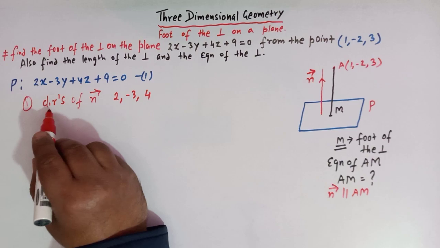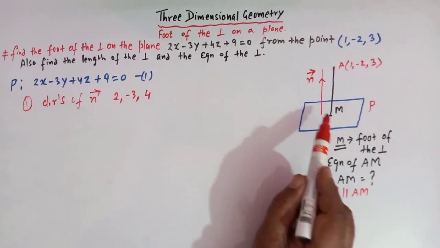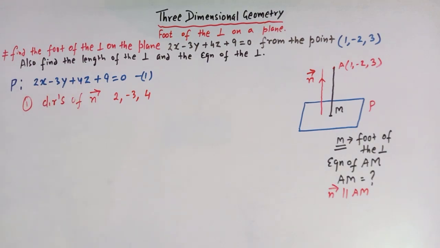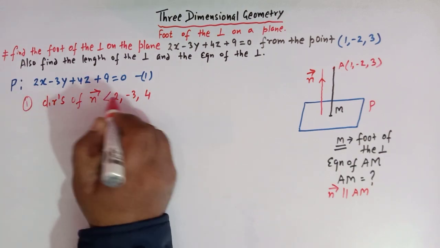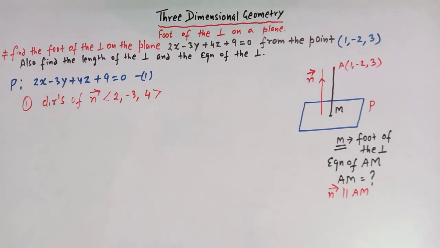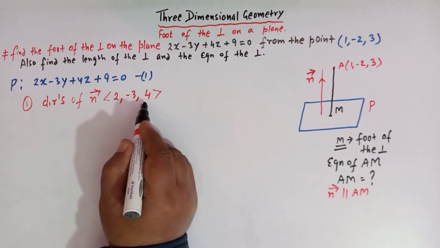So the direction ratios of the normal vector to the plane P are given by the coefficients of x, y and z in the Cartesian equation of the plane. So here we have obtained the direction ratios of the normal vector as 2, -3 and 4.